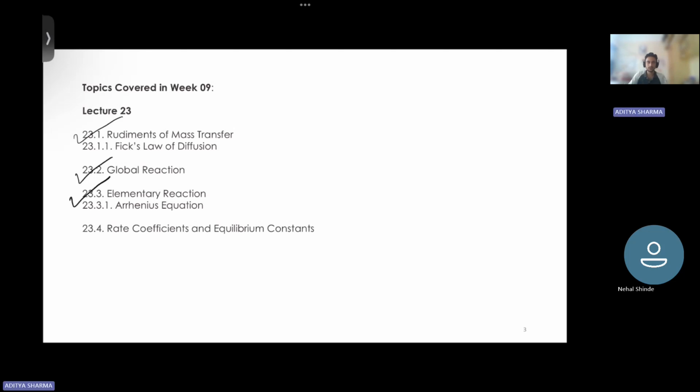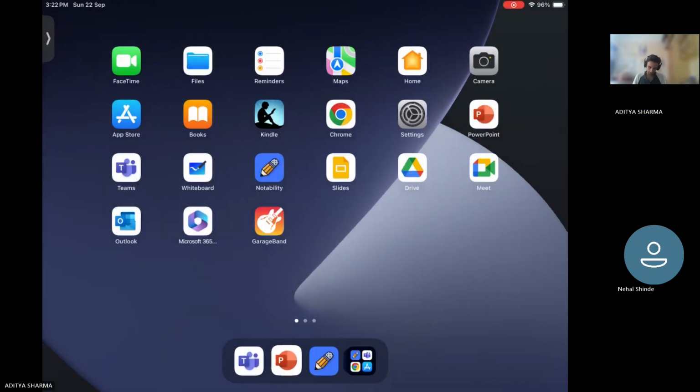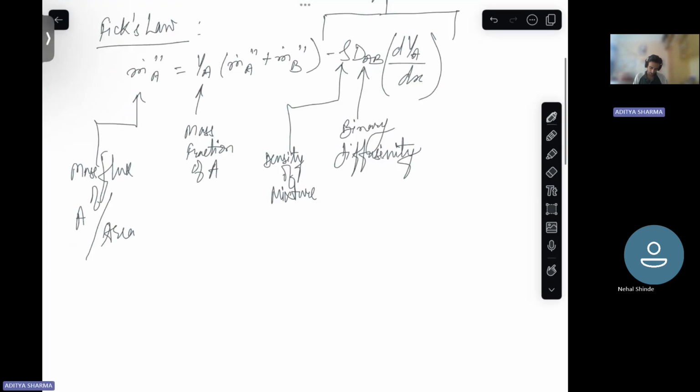And then after that, in elementary reactions, we see the Arrhenius equation. Through your Arrhenius equation, you define the rate coefficient for a particular reaction. So this is your Arrhenius.